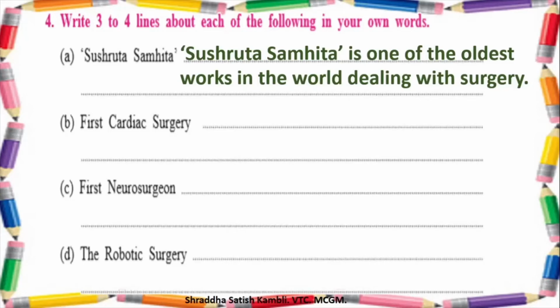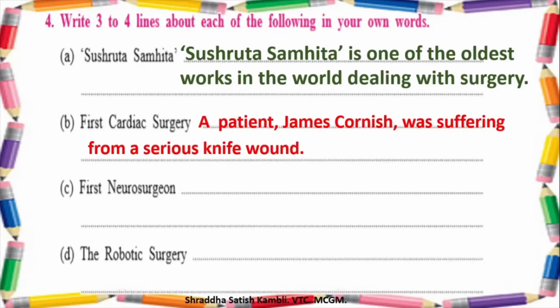So it is a kind of compilation, you can say, or a book which is written by Sushruta about his work in surgery. So you will find everything related to ancient surgery in this particular book. First cardiac surgery was performed on a patient called James Cornish, who was suffering from a serious knife wound. Who was the first neurosurgeon?